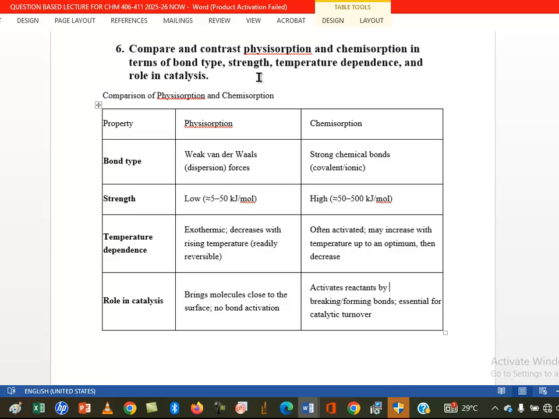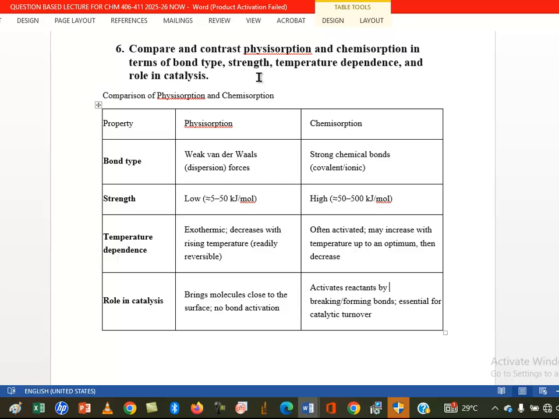Absorption is when the substance penetrates into the bulk of the material. It enters, like when you pour water onto foam, the foam absorbs the water. But when you are coating just a surface, you call that adsorption.